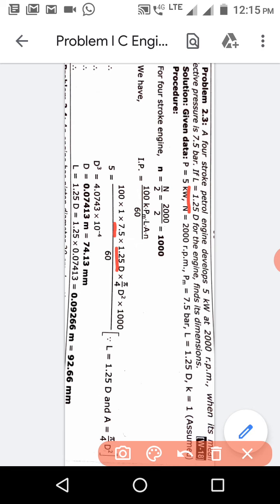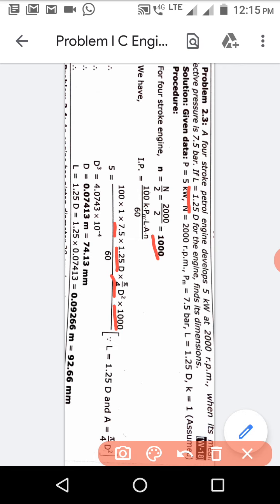Then the piston area, we can calculate in terms of piston diameter, that is equal to pi by 4 d square, and the number of working strokes we have calculated, that is equal to 1000. So from this equation we can calculate the diameter of the piston.